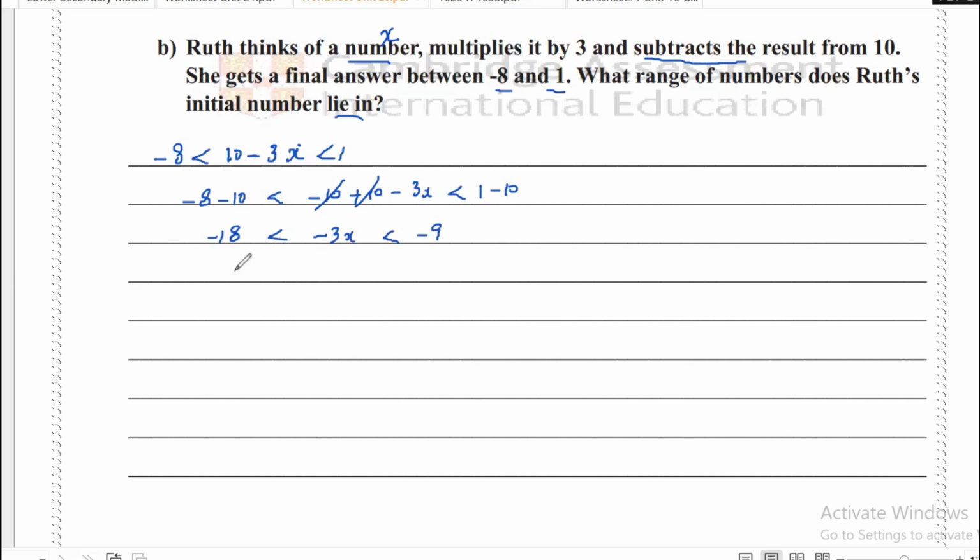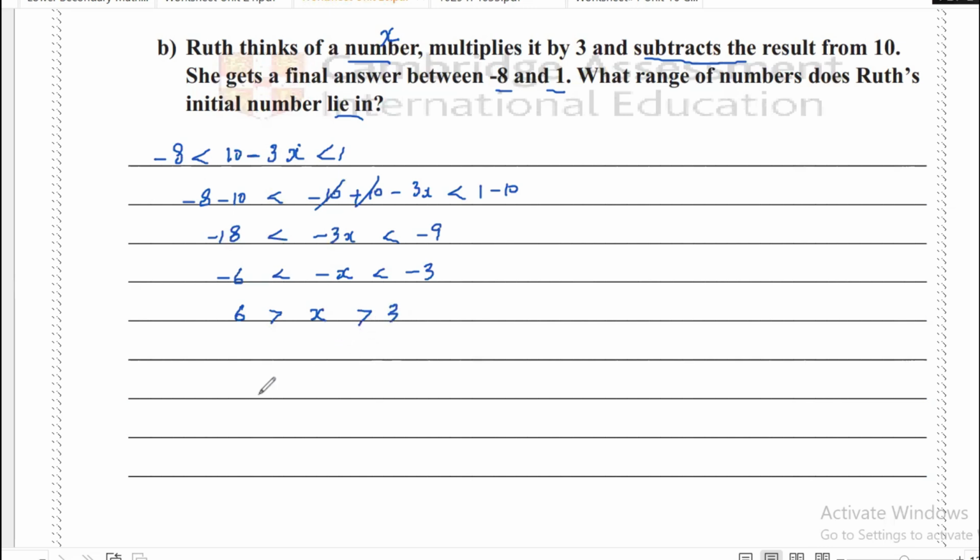Now all are divisible by 3. So we have minus 6 less than minus x less than minus 3, because I divided all by 3. Now I want plus x, so multiply all with minus 1 or divide all by minus 1. So the inequality sign changes. Now 6 greater than x and x greater than 3.